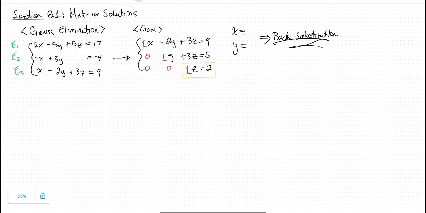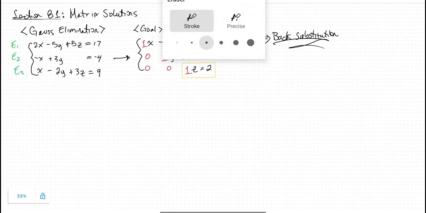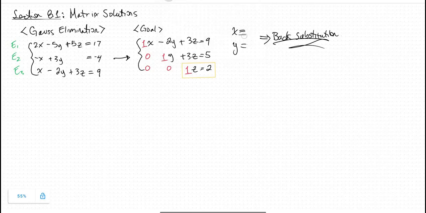Okay, so with the new method that I'm going to show you, we don't have to use back substitution anymore. We can just go straight ahead and get the answer right at the very end.